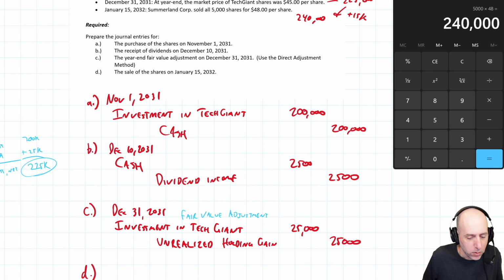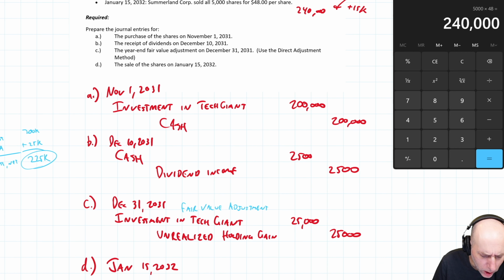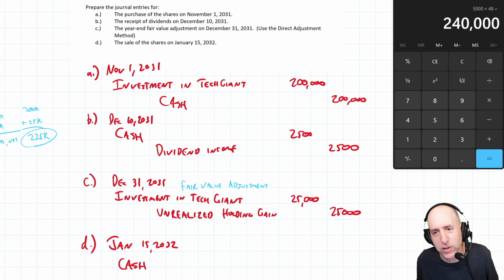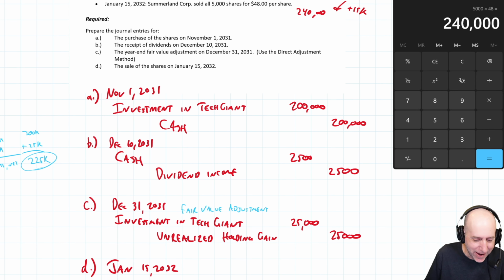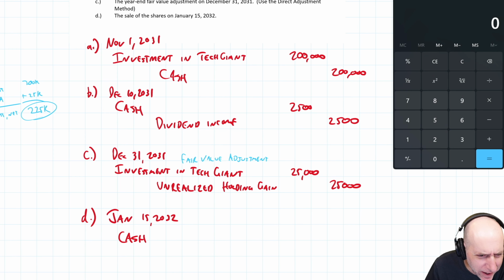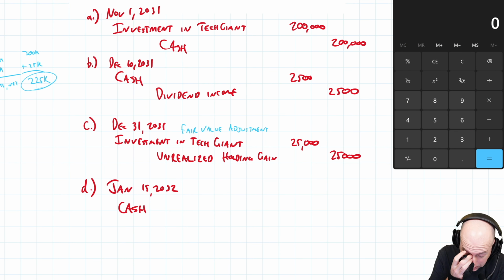But for our purposes, I think the way I'm showing you is the easier way to learn it. Okay, record the sale of the shares January 15th, 2032. We get cash. Oh, and if you're interested in that fair value adjustment, I will do a full problem doing it the fair value adjustment way, 9.5A. I'll do it both ways fully, so you'll get a look at that. Okay, debit cash. Sorry, I lost the plot. We got paid $240,000. Yeah, this stock just went up and up and up.